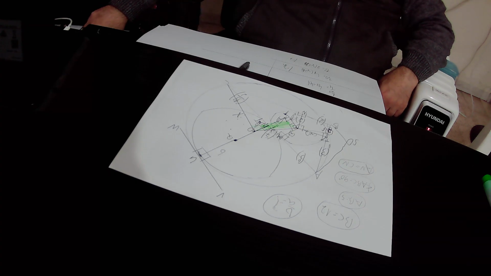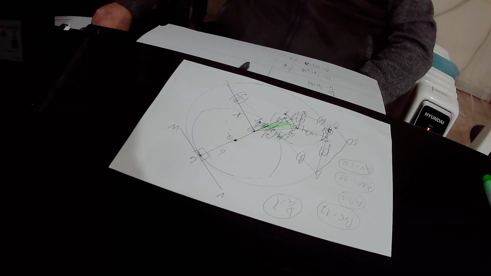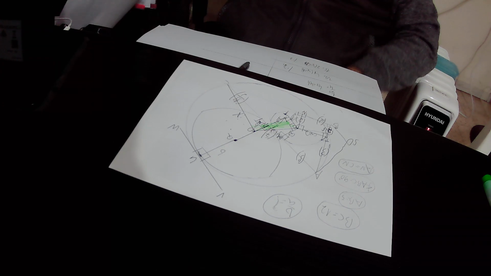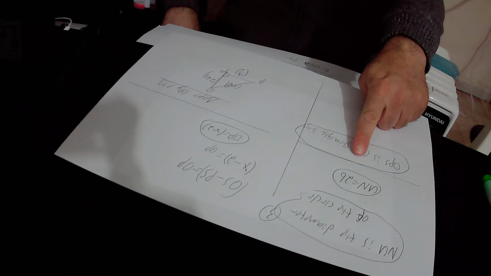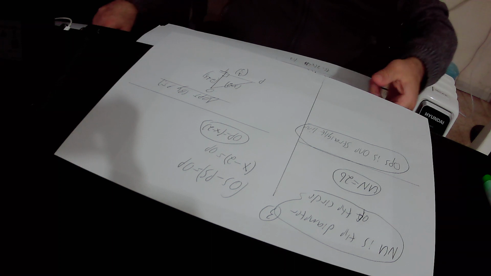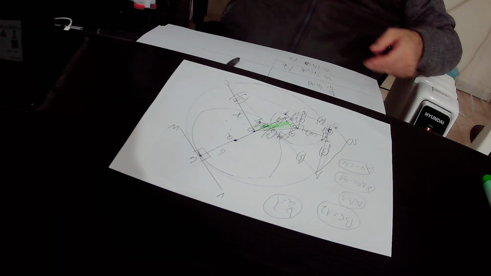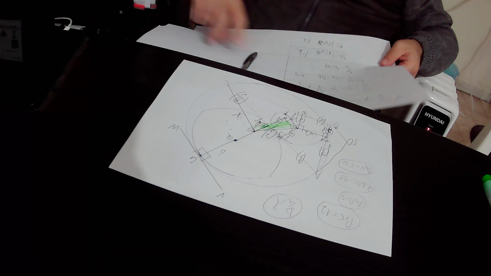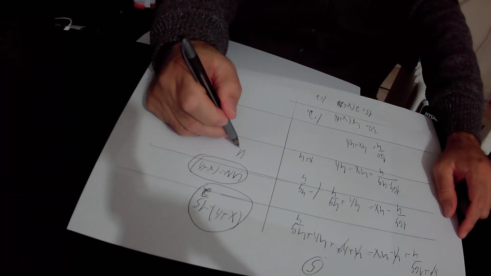And we already found out that UN is also equal to 2b. So we can write here that UN is also equal to 2b.